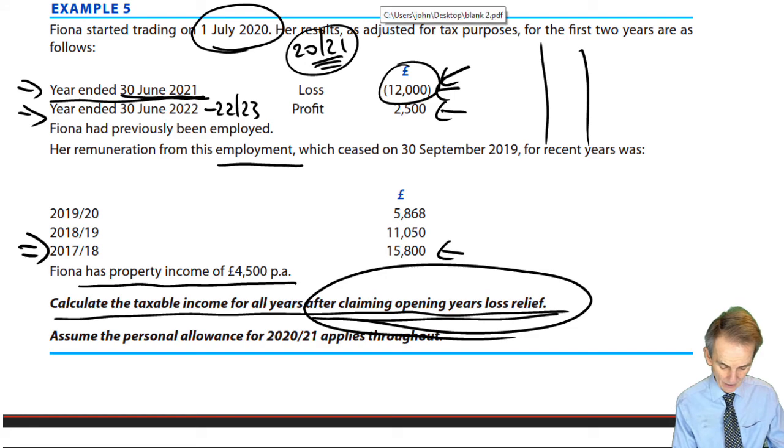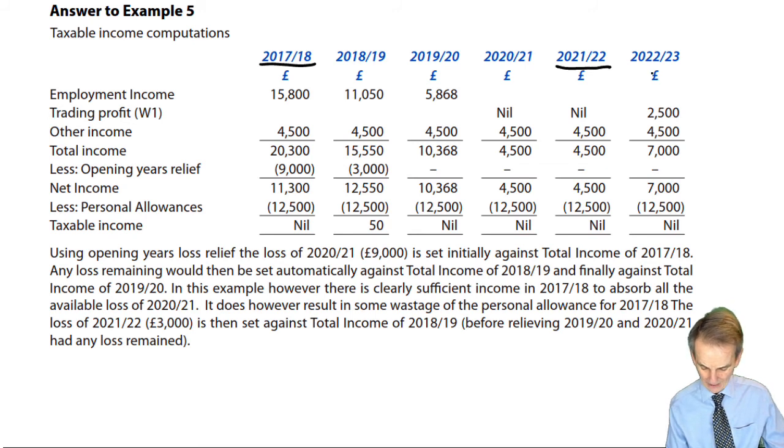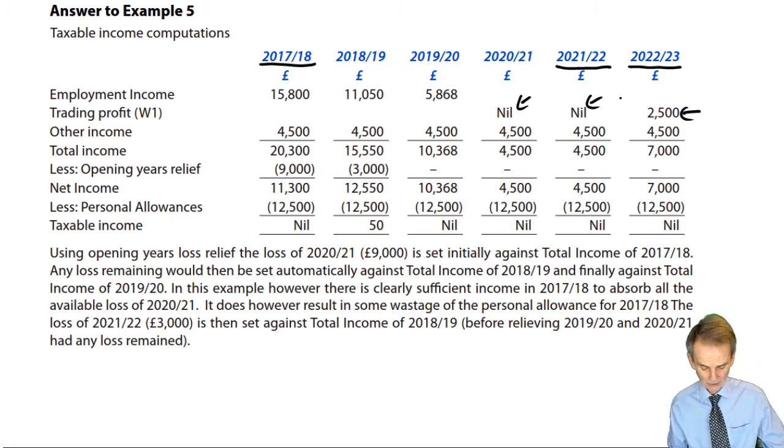So to begin with in our answer, we would be able to identify we need to go back as early as 17-18. We have losses through to 21-22. Before then, we see a profit arising from the trading, nil and nil, of course, there, before we have that small profit.